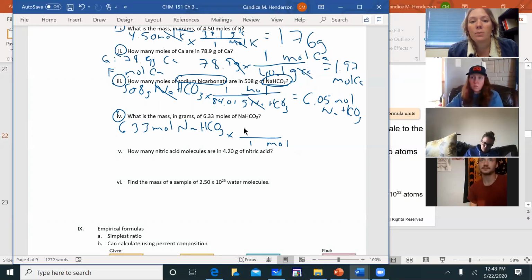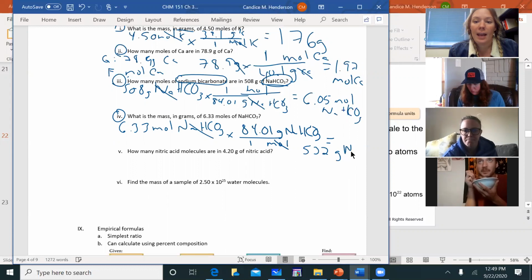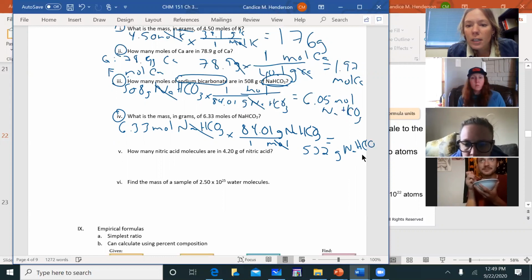And then on the top is where I'm going to put the 84.01 grams of NaHCO3. The moles will cancel and you'll be left with just units of grams, 532 grams of your NaHCO3. Sorry, it's a little tricky to write.